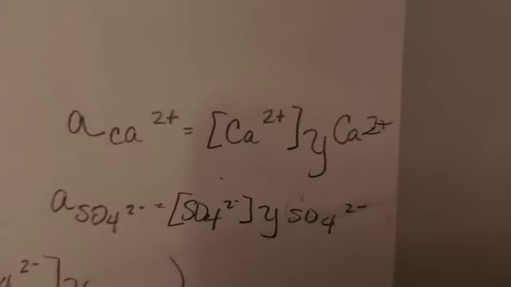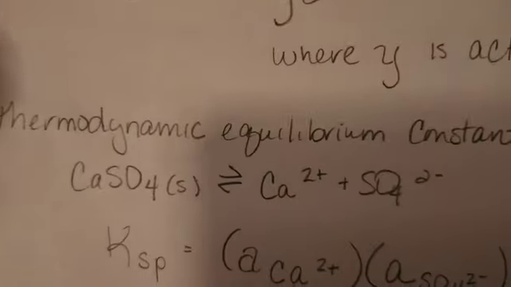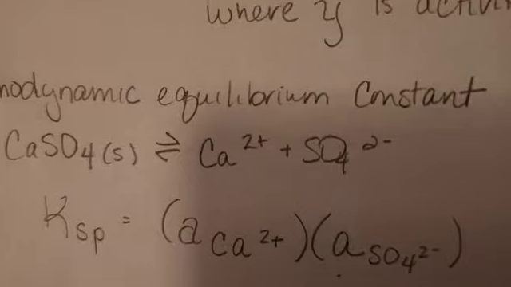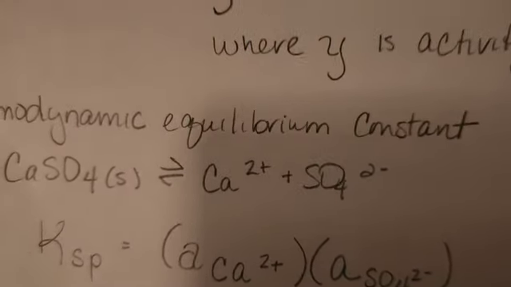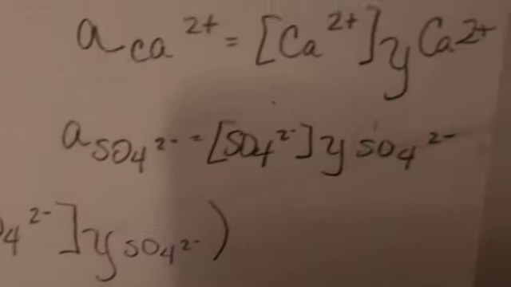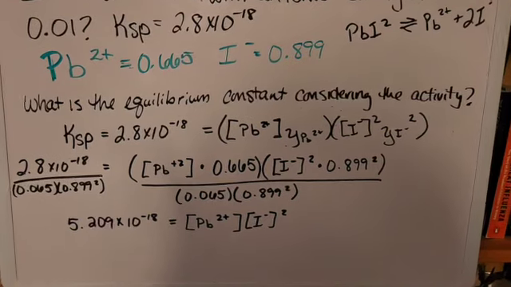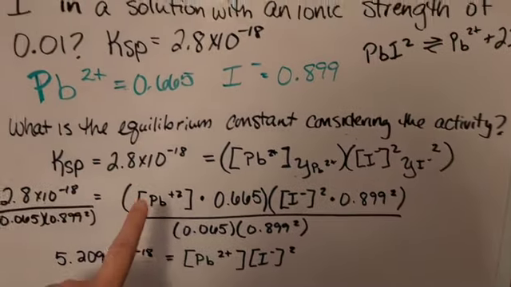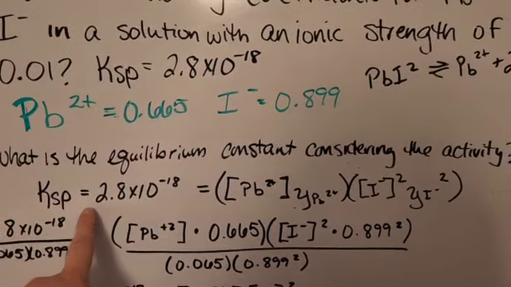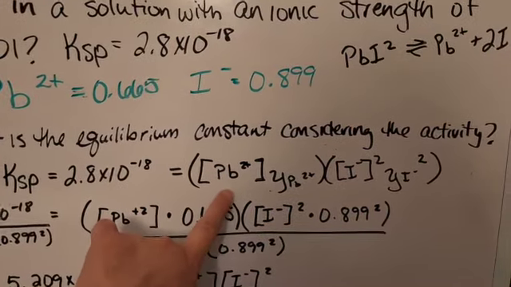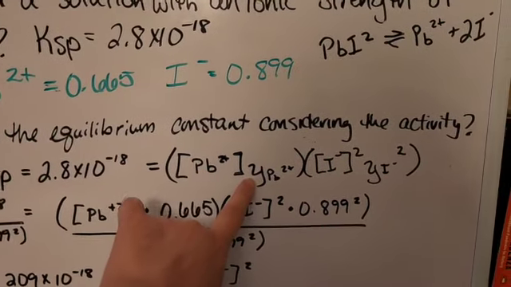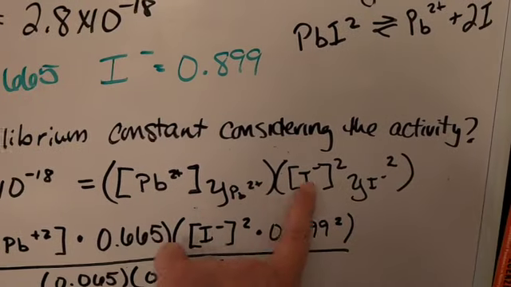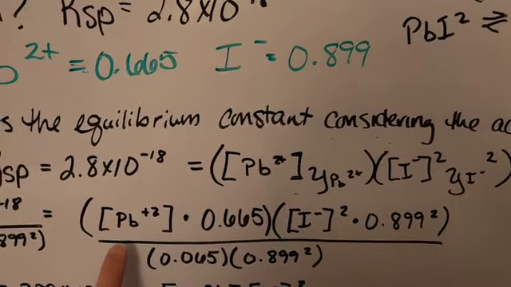What I've got on here is for calcium sulfate, but we're just going to sub in our lead iodide into this formula, and we're going to get our answer. Well, I have gone ahead and plugged in our values. So the question gives us our Ksp, and we know that we're going to have to use the thermodynamic activity equation. So I wrote that down here, and then I plugged in our values.